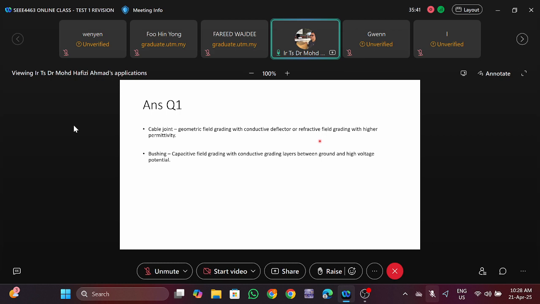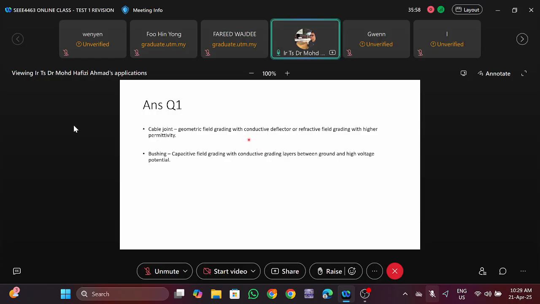We just need to mention what kind of technique is used, and we don't need to draw the diagram. But for the bushing, we are basically using a capacitive layer.